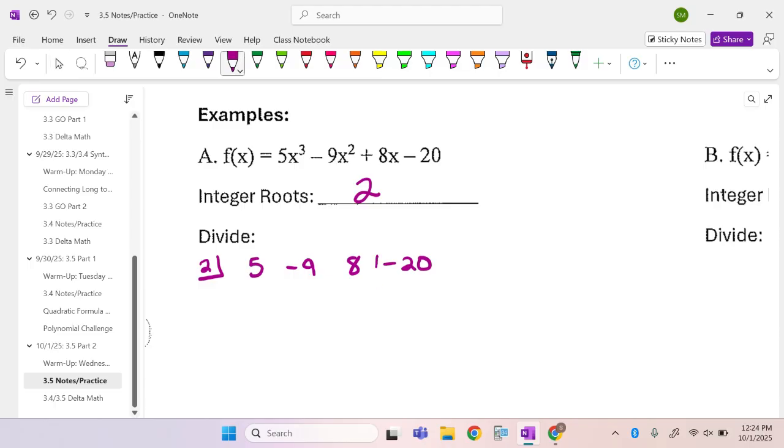Now, I'm going to draw the line so I know where my remainder is. Now, if we know that 2 is a factor, that means our remainder should be what? So we know that x minus 2 is a factor of our original. So our remainder should be what when we finish?